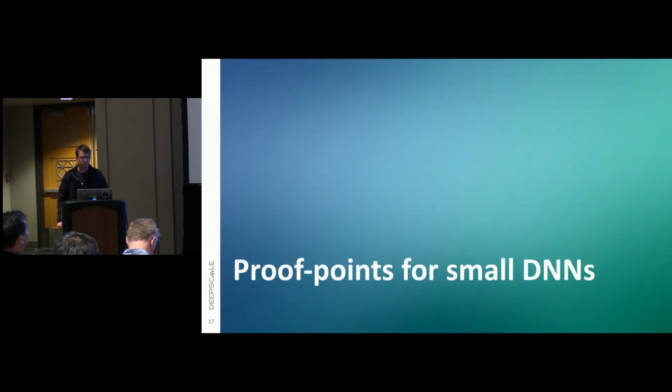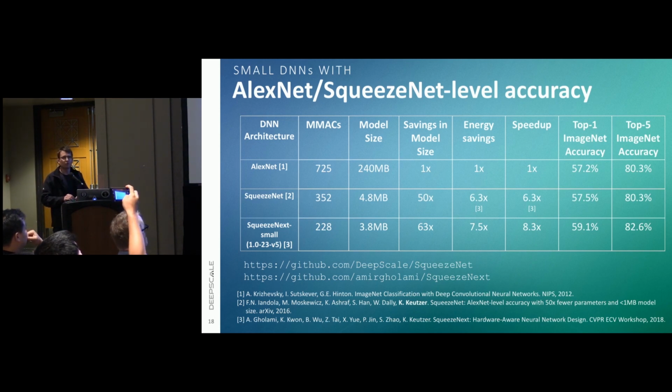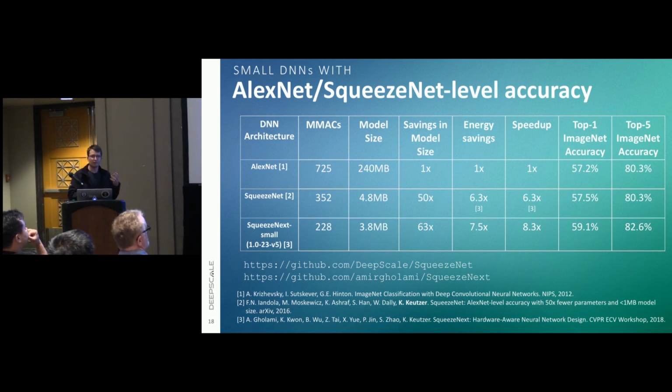So let me go into some fun results of what people have been able to achieve with small neural nets, starting with some of our own work and then moving on from there. So, it's still interesting to benchmark at a variety of different accuracy levels and sweep that Pareto optimal trade-off curve of accuracy along with a variety of system-level metrics like model size and energy.